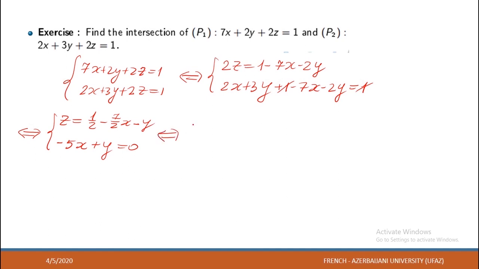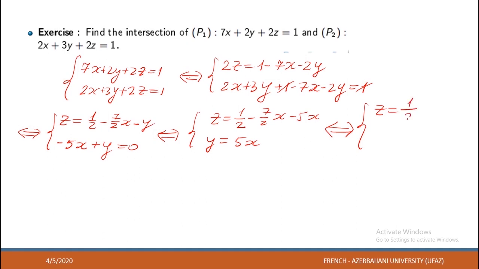Then y will be 5x, and z will be 1 over 2 minus 7 over 2 x minus 5x, which is equivalent to this one: z is equal to 1 over 2 minus 17 over 2 x, y is equal to 5x. This is the parametric equation of the intersection line. Okay, that's it. We can stop here.